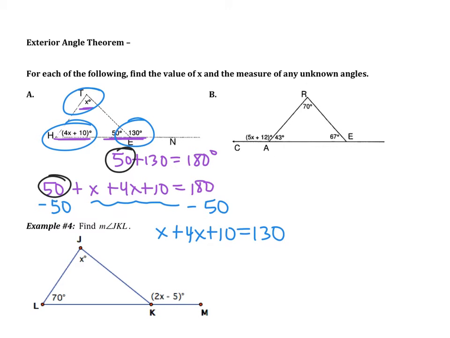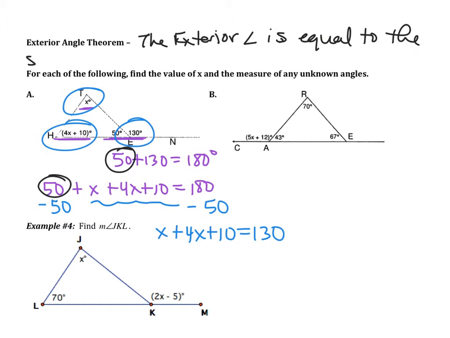So here is our theorem. The exterior angle, in this case the 130 degrees, is equal to the sum of the two non-adjacent interior angles.